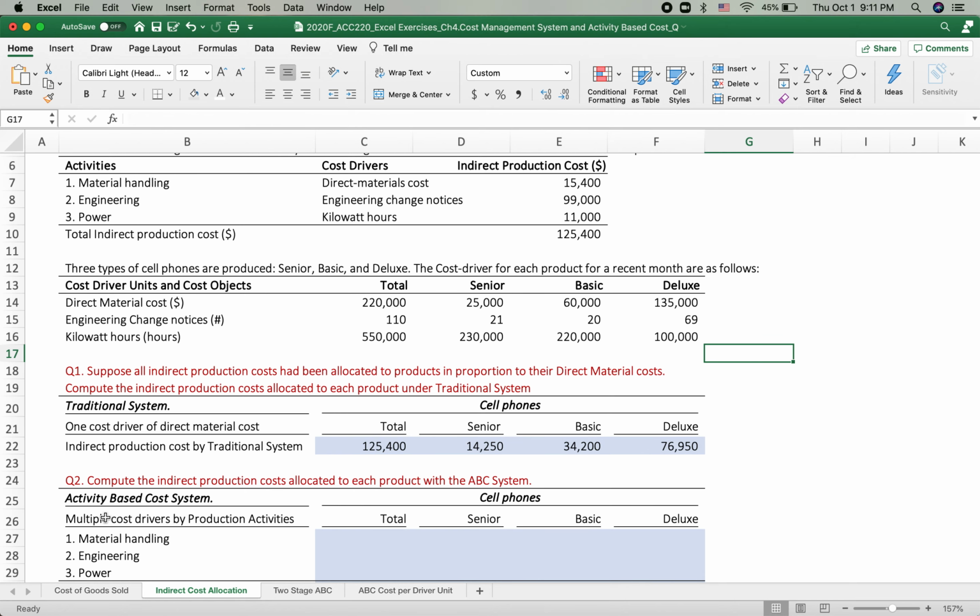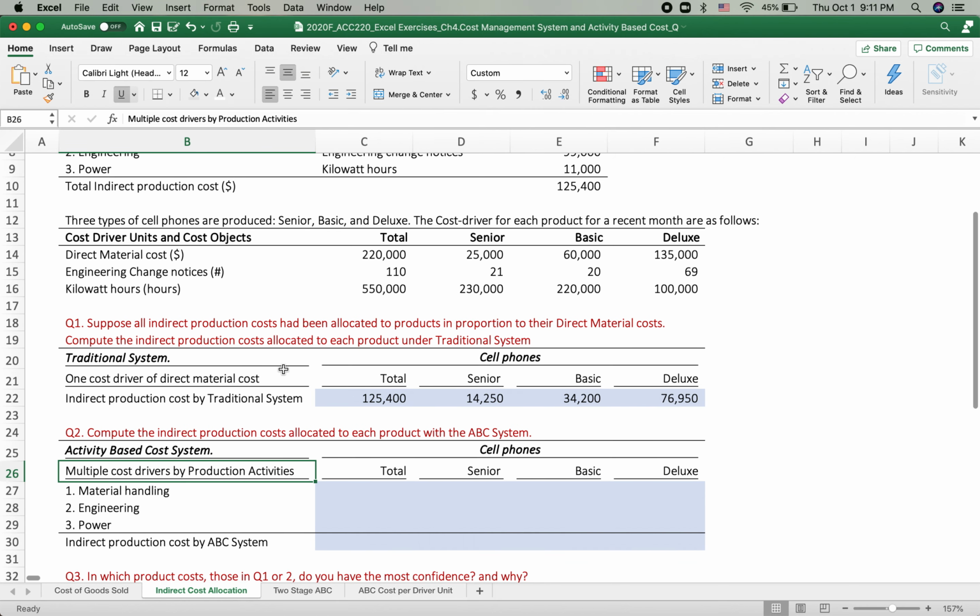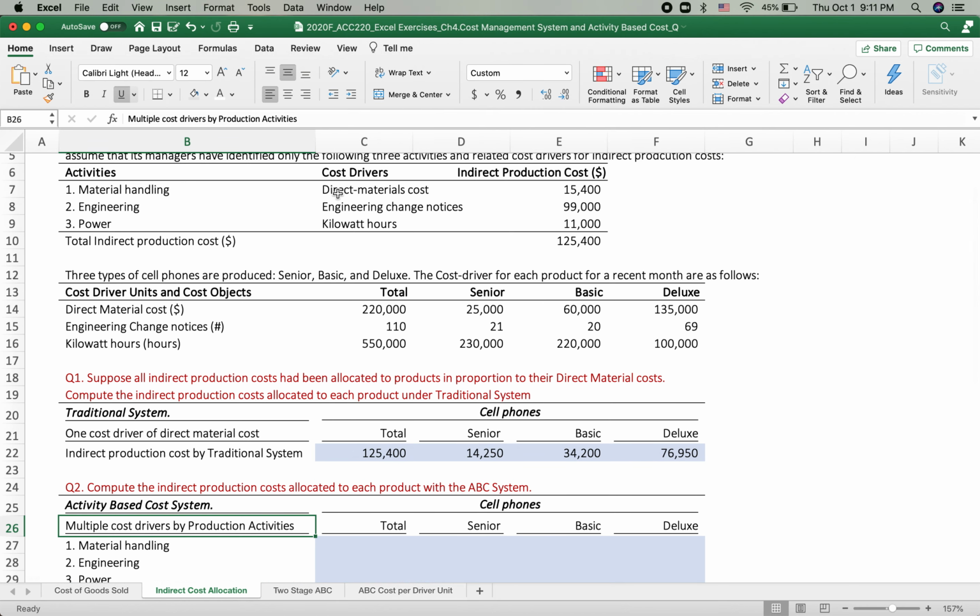So we use multiple cost drivers by production activities. Each activity has its own cost driver, and we allocate the indirect production costs aligned with the cost driver or with these activities. So we are not using this number. Instead, we use this indirect production cost for each cost object, senior, basic, or deluxe.